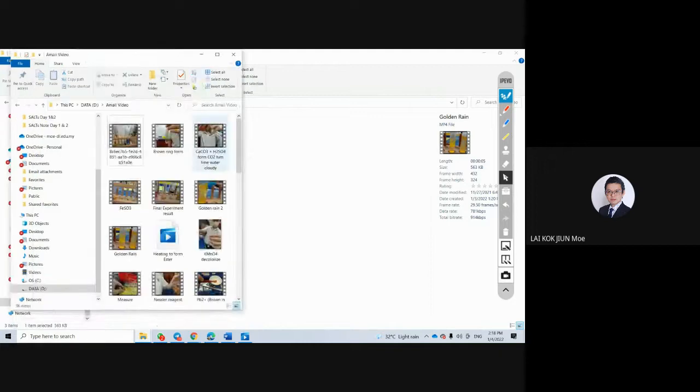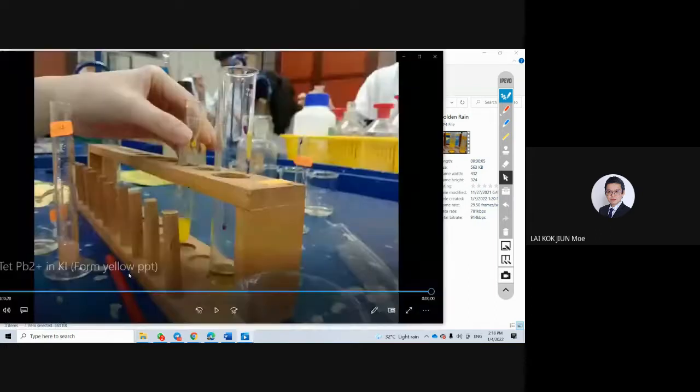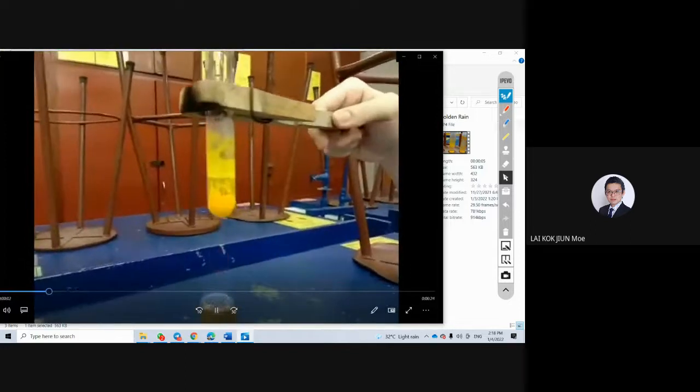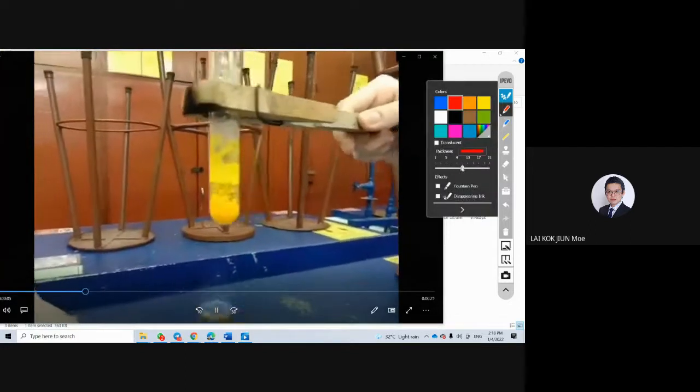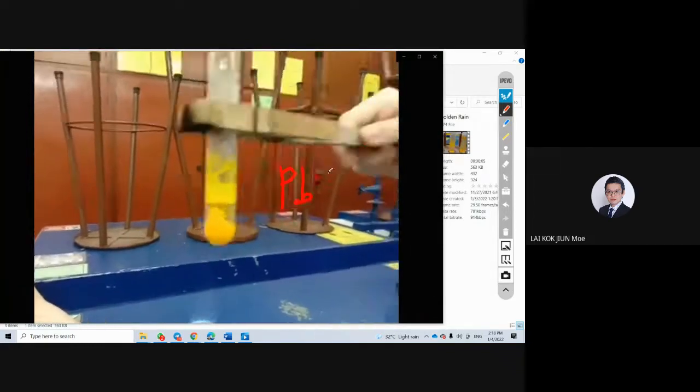Let me show you. I have a lot of videos I can show you all, but I worry the time is not enough. So this one is very important. This is PbI2, lead iodide, precipitate. When heated it will become colorless.